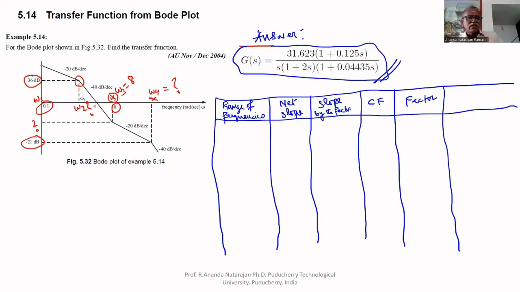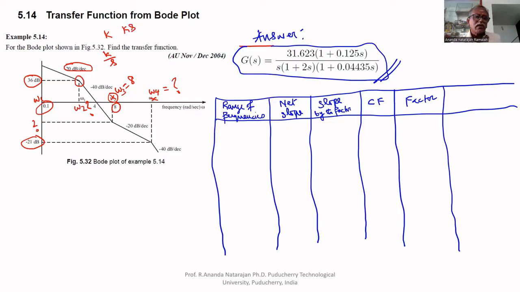The first thing is, if it is a negative slope of minus 20 dB per decade, it means K by S. If it is horizontal, it means K only. If it is a positive slope of 20 dB per decade, it means KS. So these are all we know.